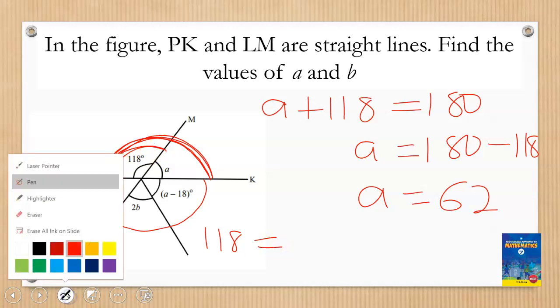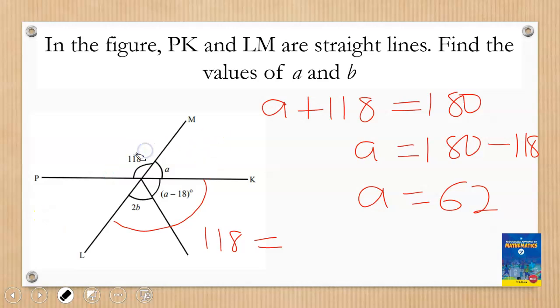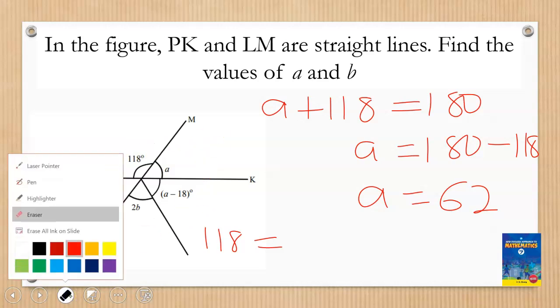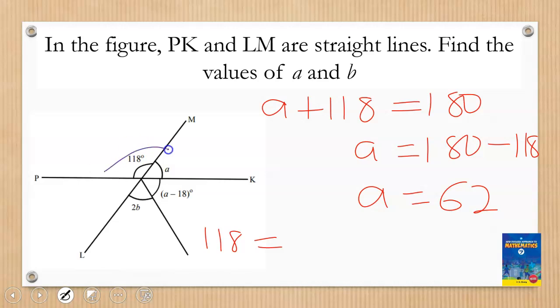Let me clean this part for you to see it clear. This angle 118 and the whole of this together, they are vertically opposite. So 118 is equal to 2b plus A minus 18. Good.